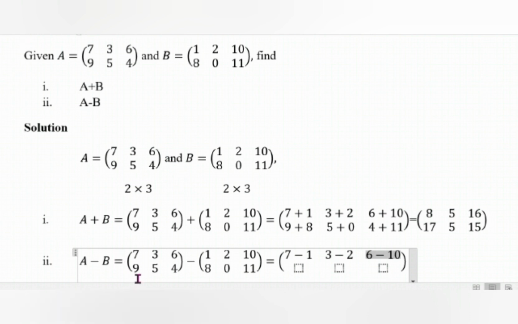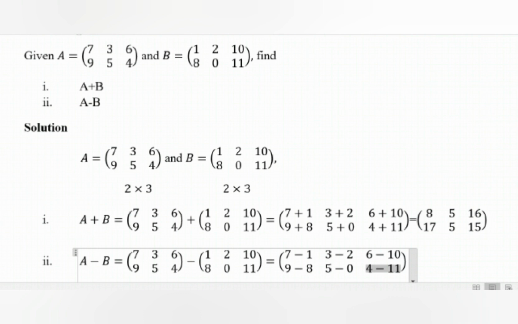In the lower row, which is the second row, we do the same, 9 minus 8. Now you can guess the remaining 2. You have 3 seconds to do that. Well, it's 5 minus 0, and then 4 minus 11.